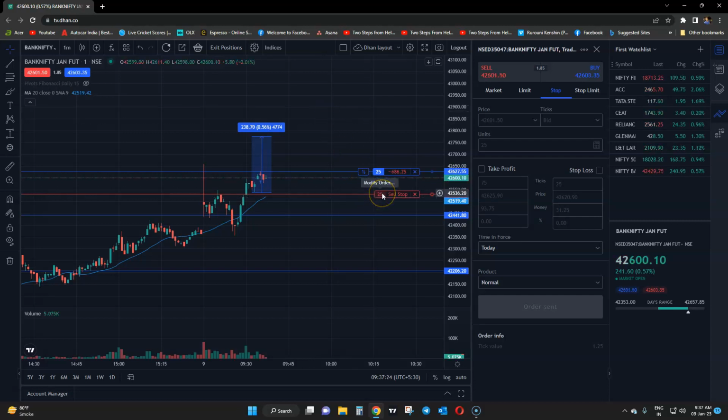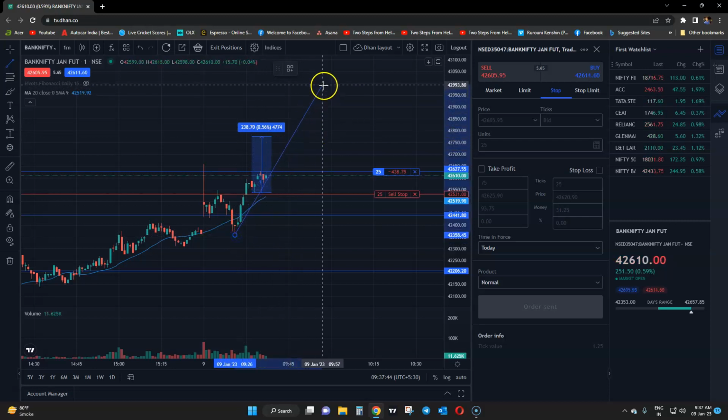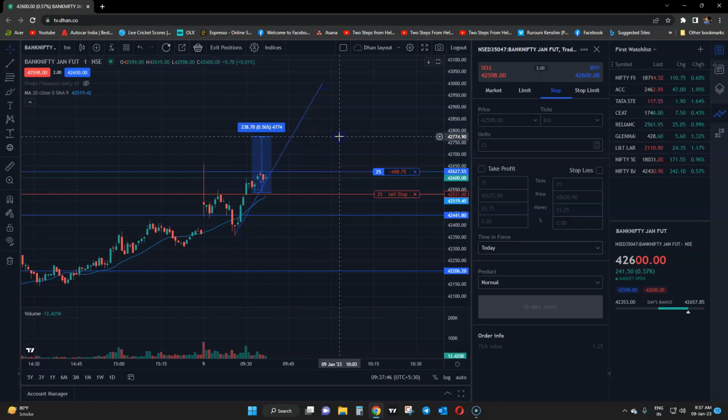Still, the money that you're risking is a few grand. You can draw a trend line. It's not a strong bullish move.